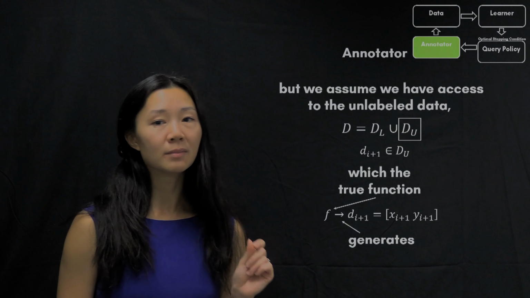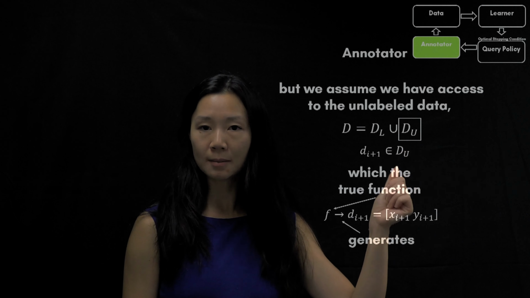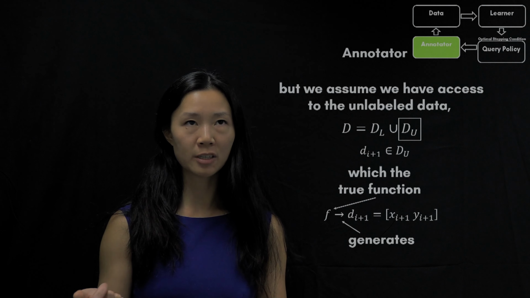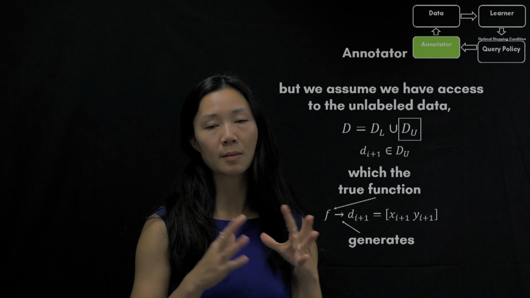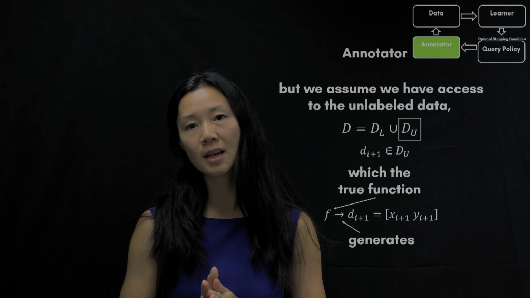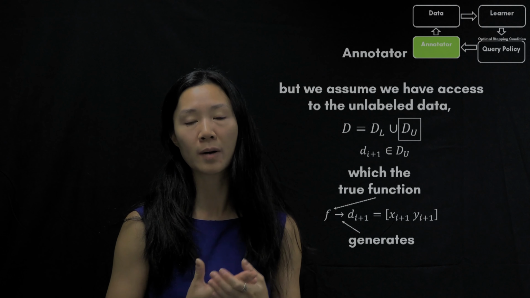But we assume that we have access to the unlabeled data, which we'll call big D sub U. And at every single iteration where we try and sample, the query policy tells you where to sample. Your annotator is then what looks into that unlabeled data set and gives the output assignment to the request.